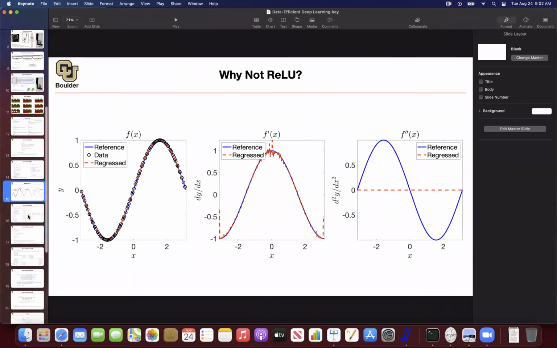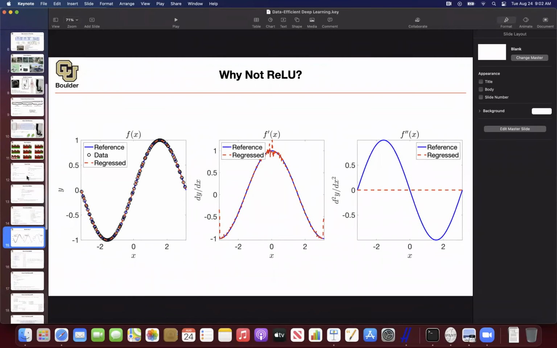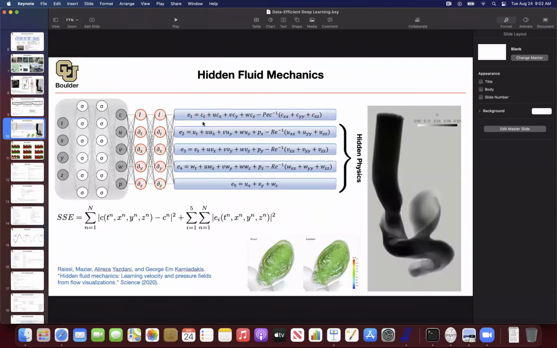Yeah, that's a good question. And actually, you're going to need that for some problems. Maybe this Reynolds number, let's assume you want to let it train and learn it. And let's say you're looking for a Reynolds number in the range of 100 to 1000.